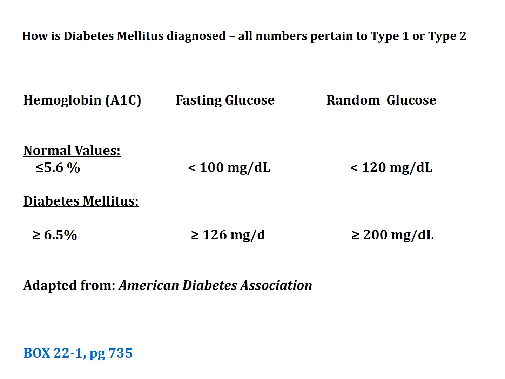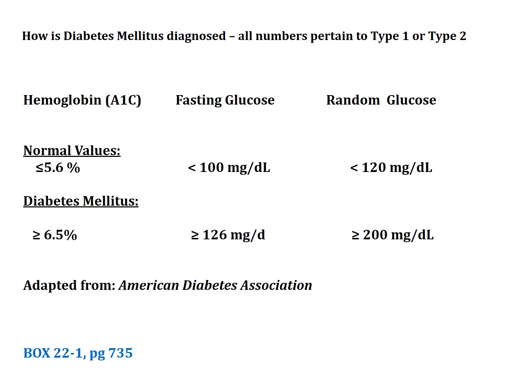The diagnosis of diabetes mellitus is made on glucose levels and a hemoglobin A1C, and we'll talk more about what a hemoglobin A1C is as we move on. These levels of hemoglobin A1C, fasting glucose levels, and random glucose levels pertain to any form of diabetes, specifically type 1 or type 2.